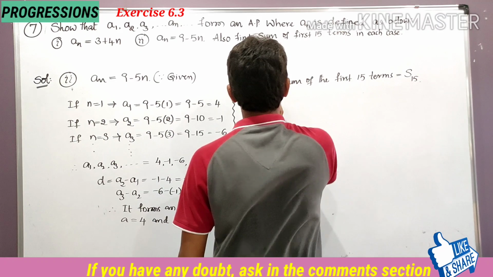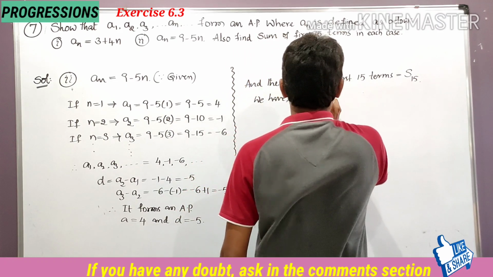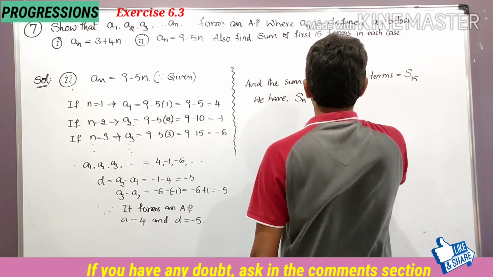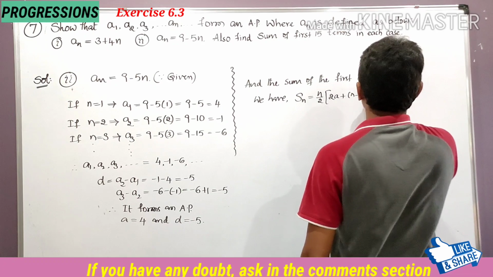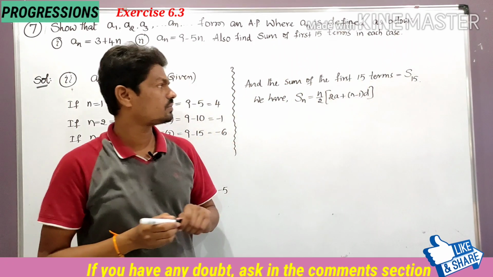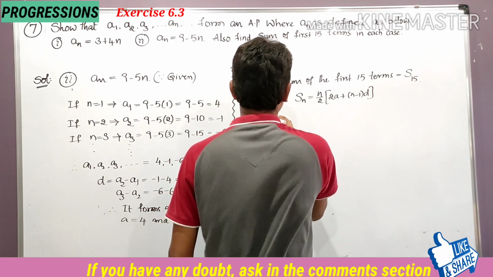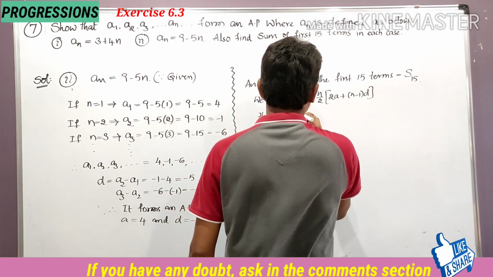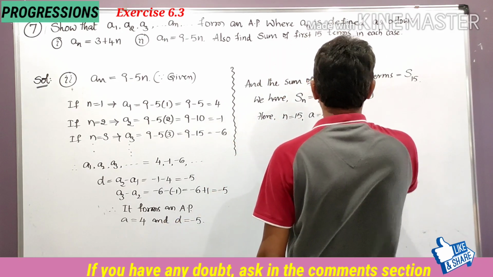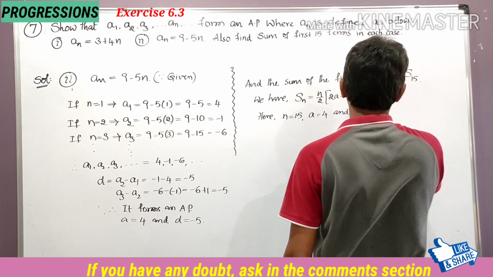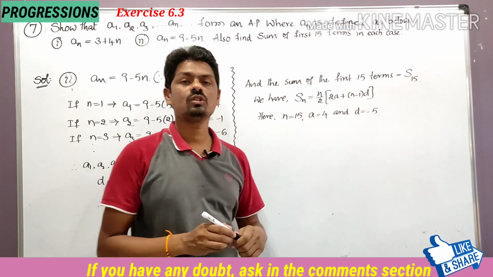So we have the sum of n terms, Sn is equal to n by 2 into 2a plus n minus 1 into d. This is the formula we have to use to find the sum of the first 15 terms. So here n is equal to 15, a is equal to 4, and common difference d is equal to minus 5. We have all the values, we just have to substitute in the formula.